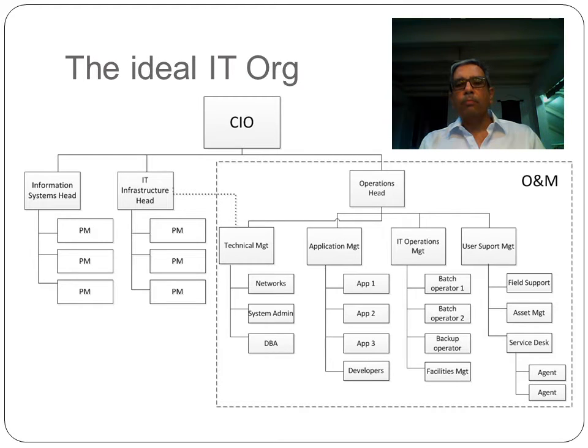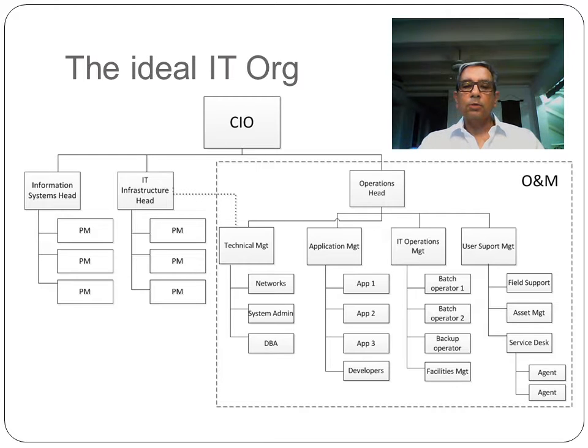Now, if we were to combine the two most important functions of an IT organization, which is projects and operations, we would get this combined table of organization. As you can see here, the structure for projects is very distinct from operations and maintenance.